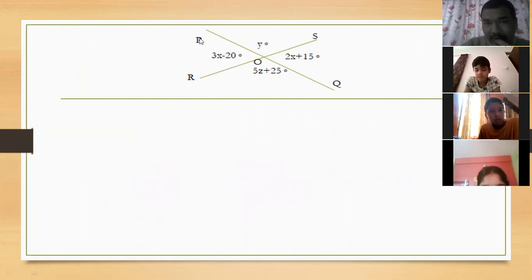Look, this POR angle and SOQ angle. These two angles are vertically opposite angles. That's why they are equal.